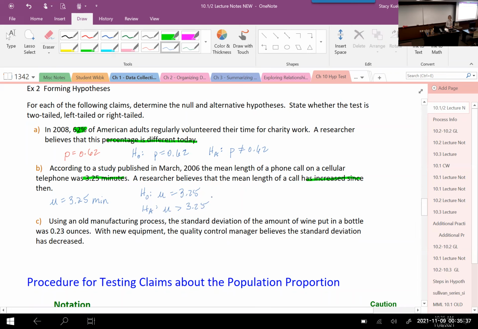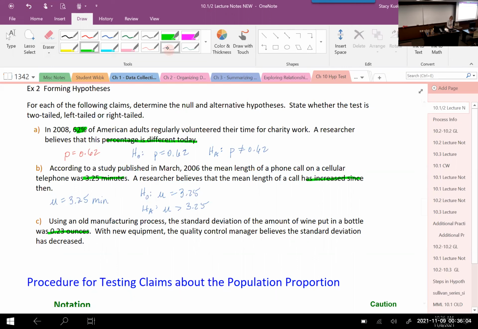And then finally, the last question says, using an old manufacturing process, the standard deviation of the amount of wine put in a bottle was 0.23 ounces. With new equipment, quality control believes that the standard deviation has decreased. So what variable will I assign 0.23? Sigma, that's right.